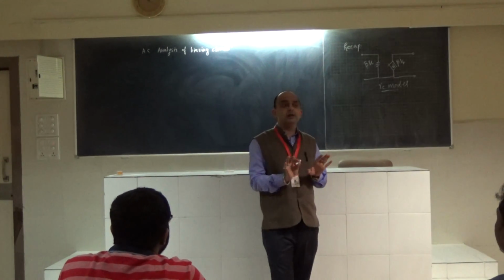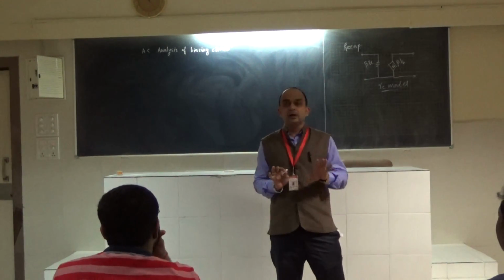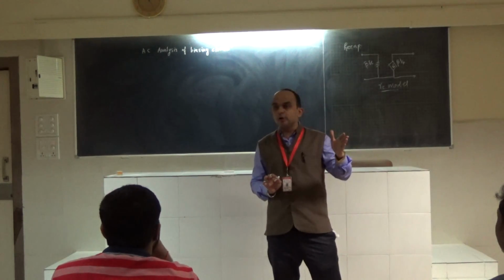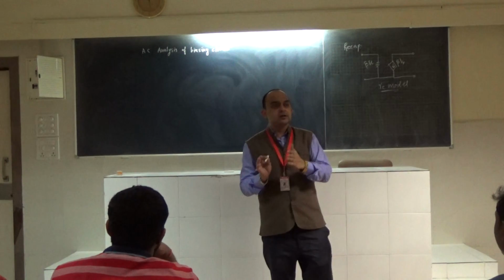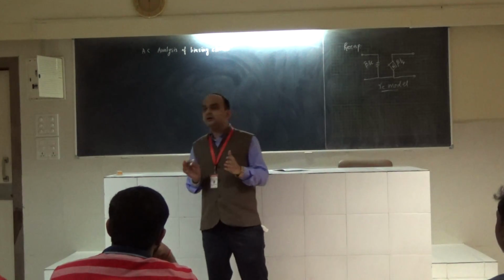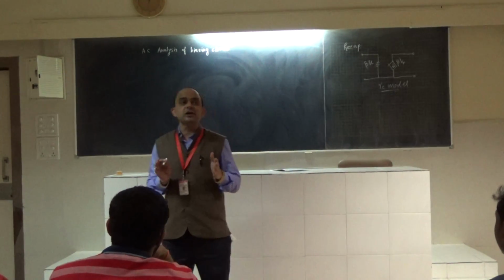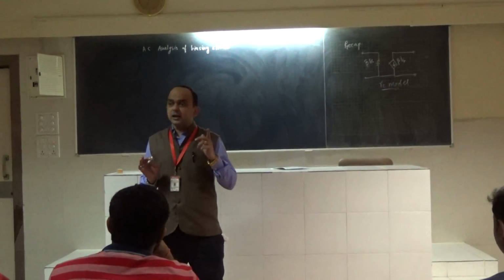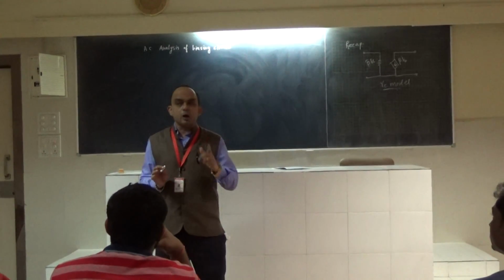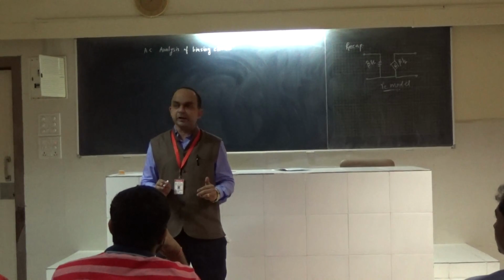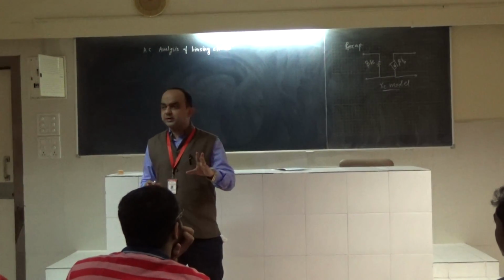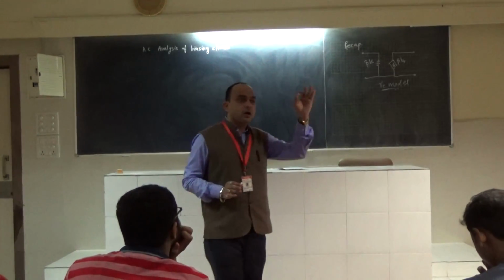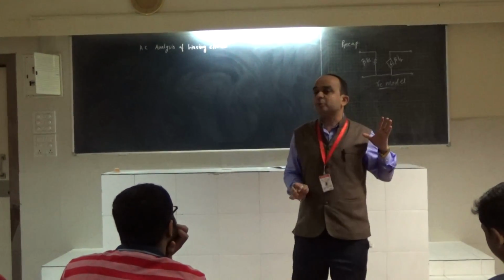If you see the first module, we have covered all the things, and the last topic is analysis of common emitter amplifier using the re model. So in the last lecture, I gave you how to draw the AC analysis circuit. You can just go through the previous pages. We have seen how to draw the AC analysis of the circuit.